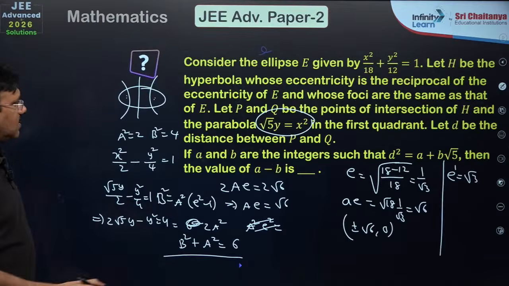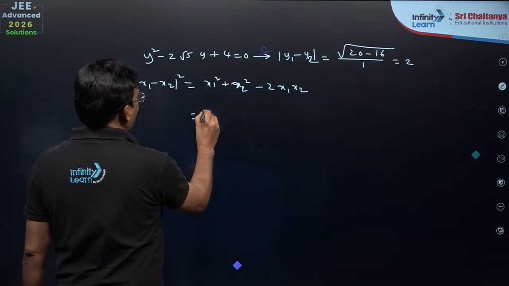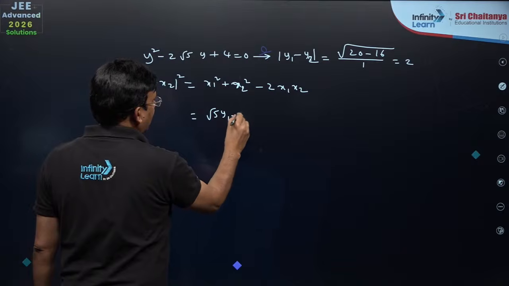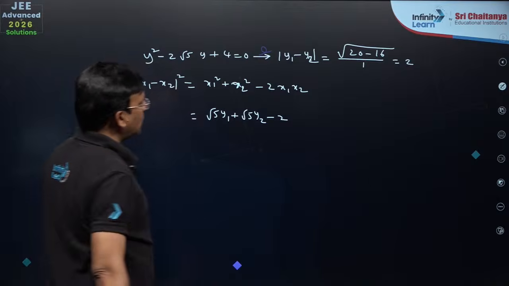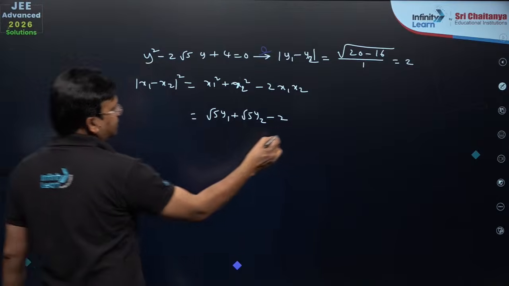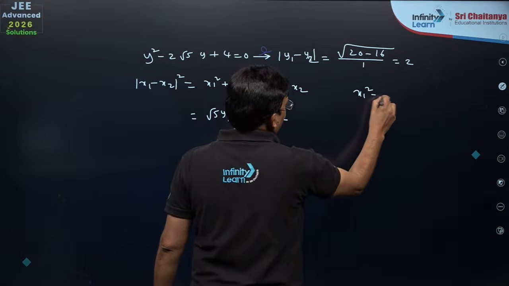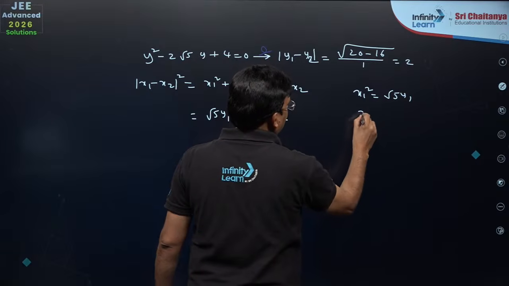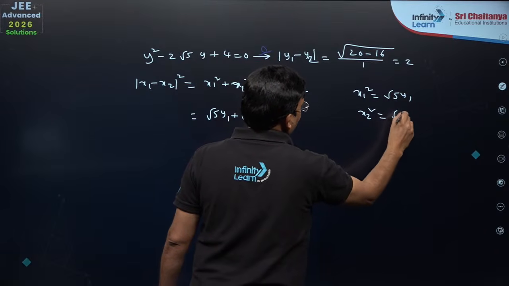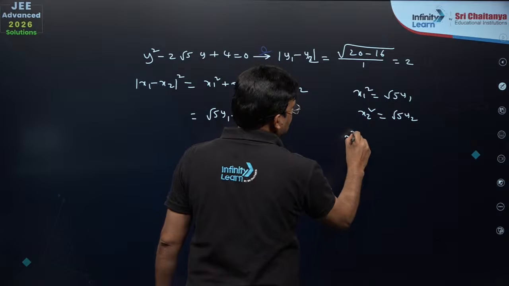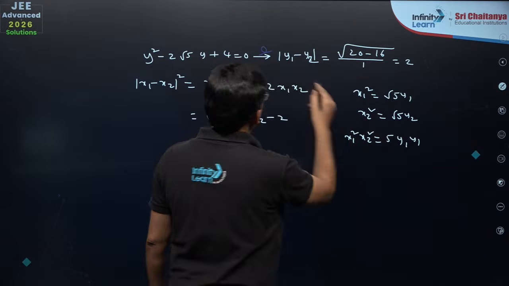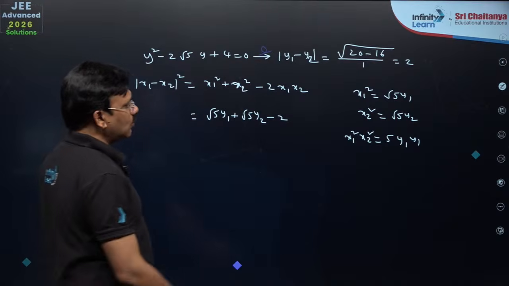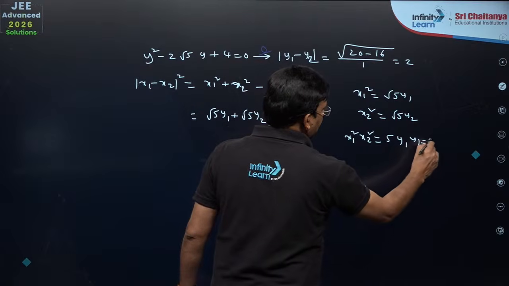In fact, x1 square is root 5 y1 and x2 square is root 5 y2, so x1 square x2 square is equal to 5 y1 y2. From this y1 y2 is equal to 4, which is 20.